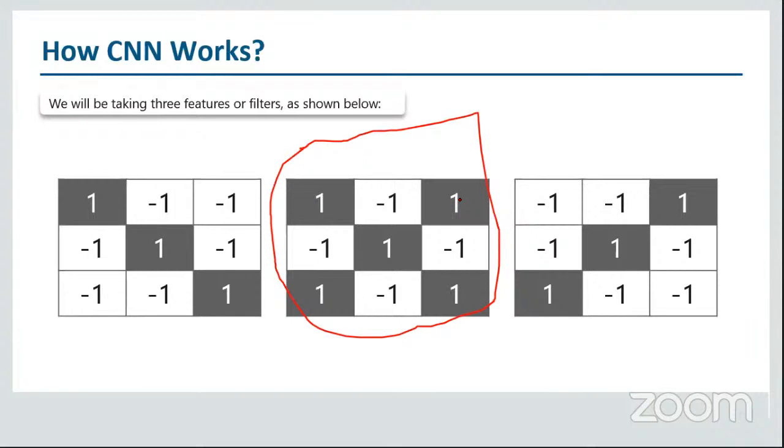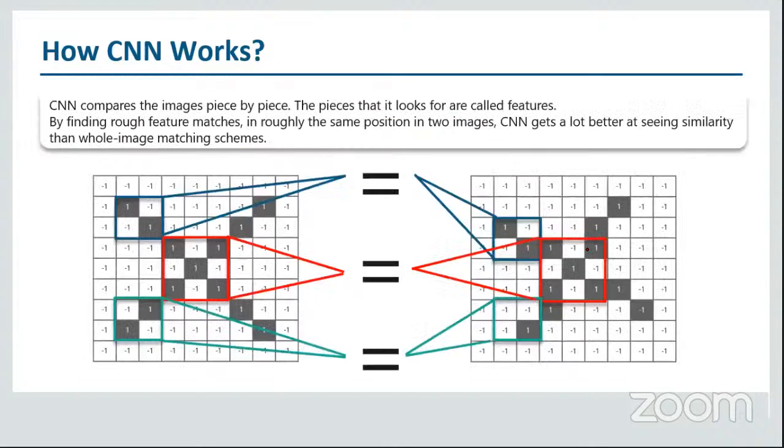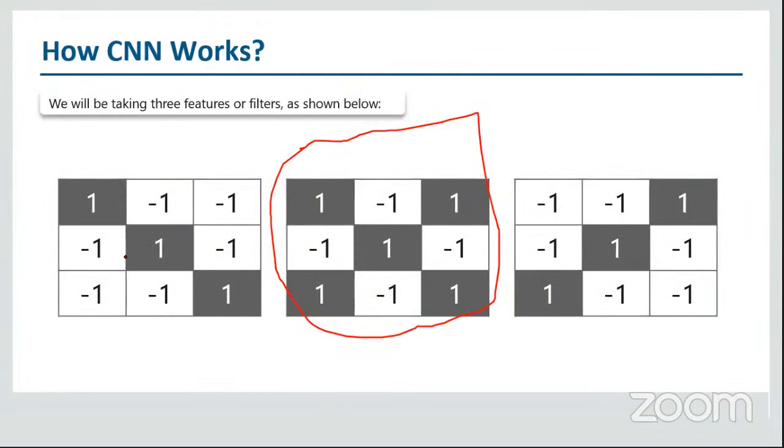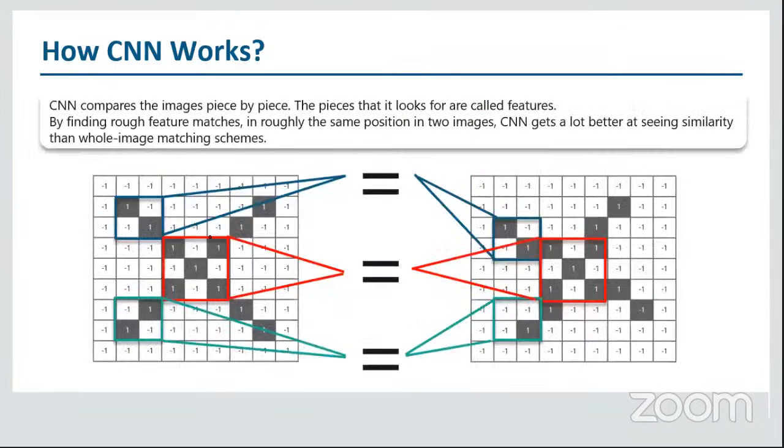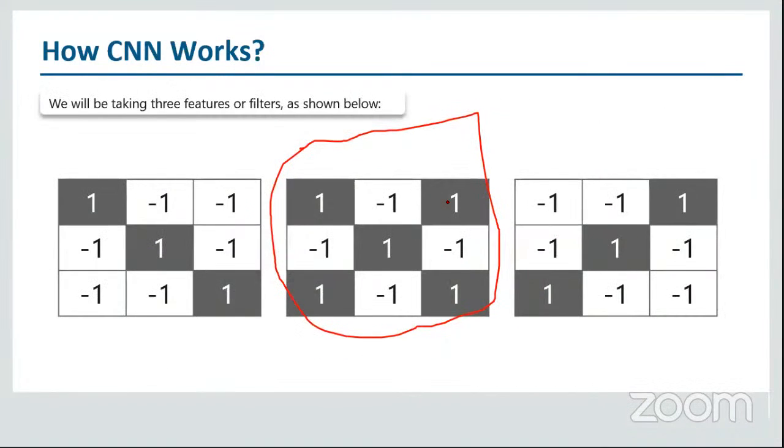If I go back, it is 1, minus 1, 1, minus 1, 1, minus 1, 1, minus 1, 1. So the same thing is here also. Therefore, this is that center thing. This is the left hand top here, and this is the right hand bottom. Now, I did this 3 cross 3 matrix comparison.